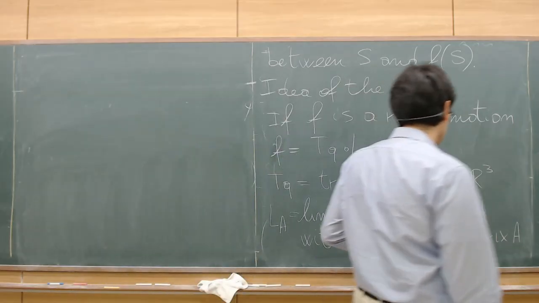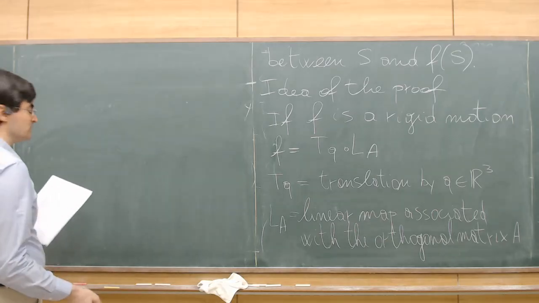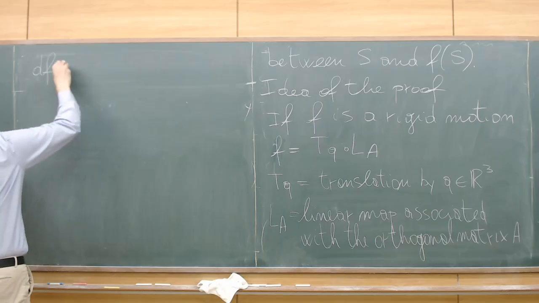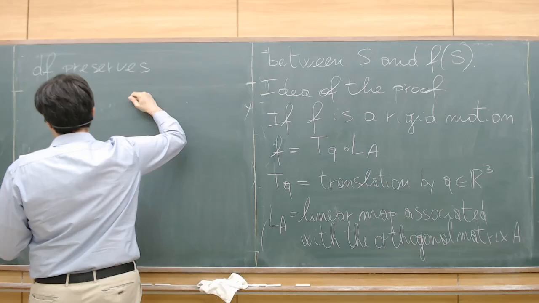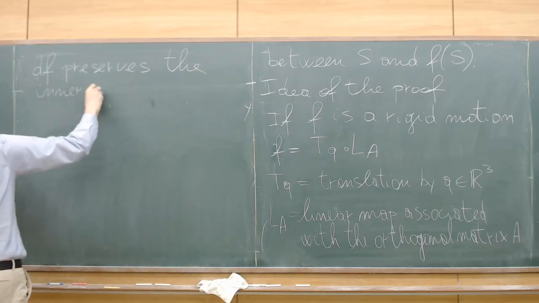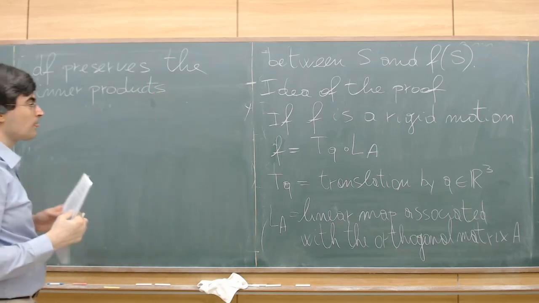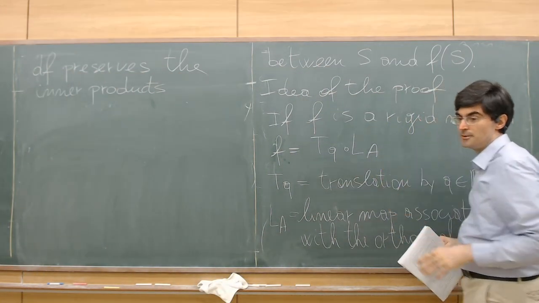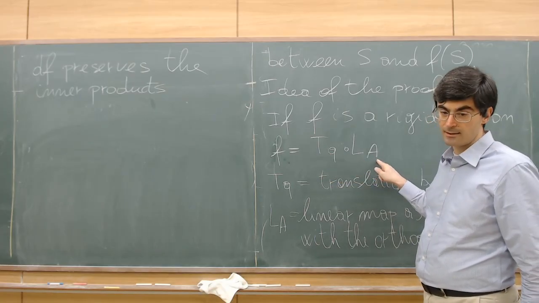We can prove this using the fact that a map is an isometry if the map df preserves the inner products, for example. Now what is df if f is a rigid motion? Simple, it is the composition of dTq with dLA.